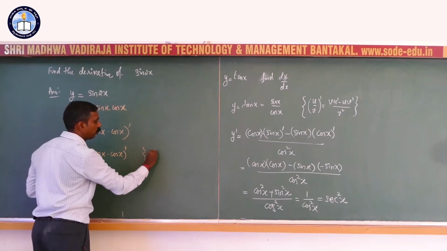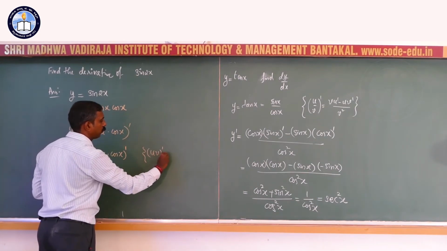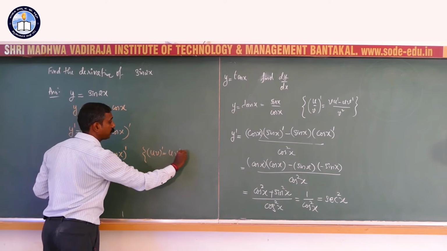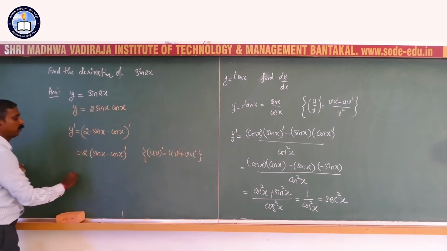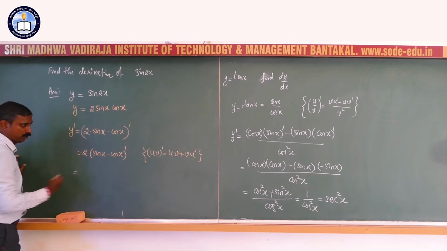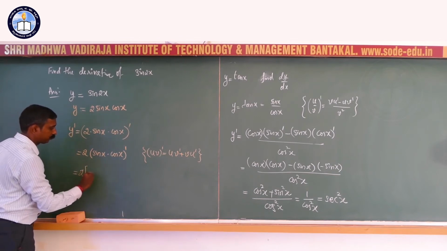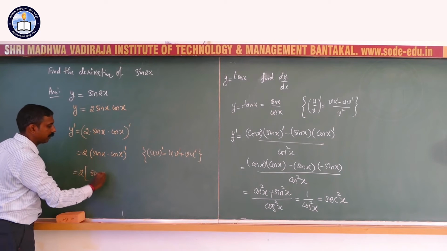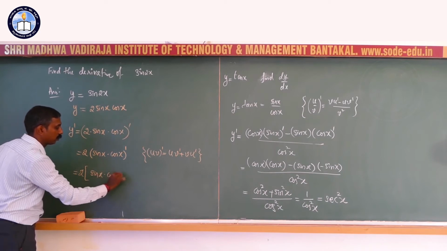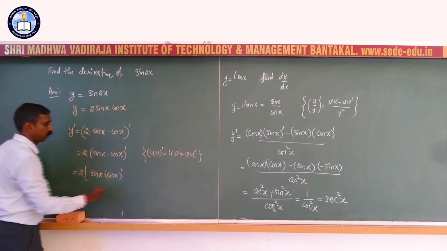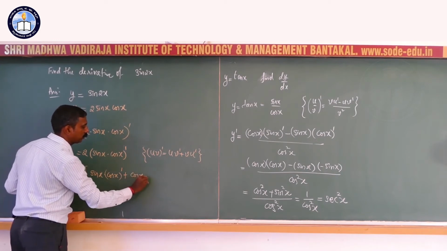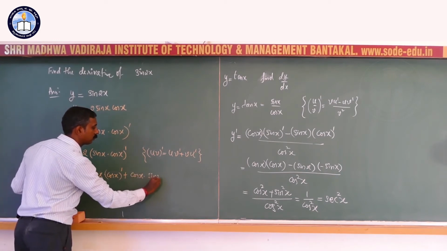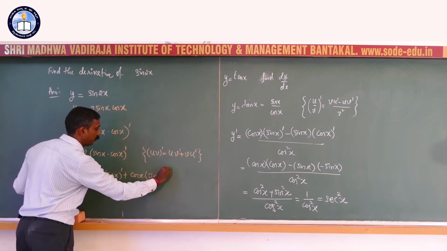But we know (uv) whole dash is equal to uv dash plus vu dash. So, let us write according to that. That becomes 2 into sin x into (cos x) whole dash plus cos x into (sin x) whole dash.